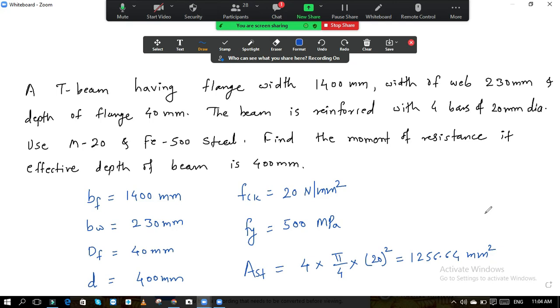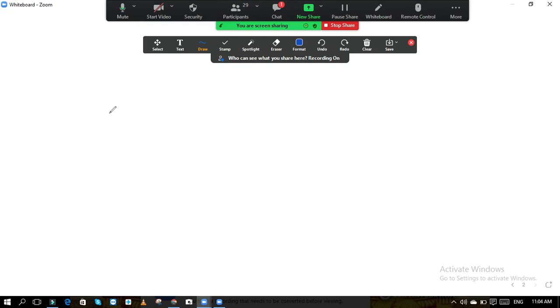And after that we can calculate the moment of resistance. Okay, so right now we don't know anything. So first we will assume case number 1 and we will check whether it is okay or not. We will assume that xu is less than df. Right now we don't know the value of xu. We know the value of df, it is 40 mm, but we don't know xu. So before calculating xu, we assume that xu is less than df, and let us see what will happen.